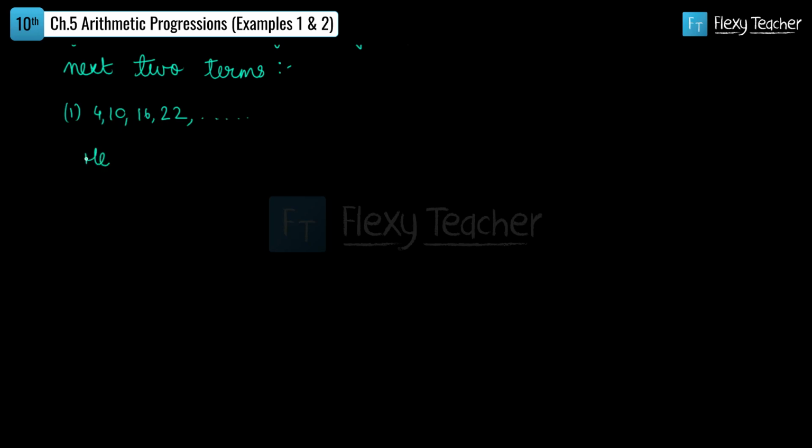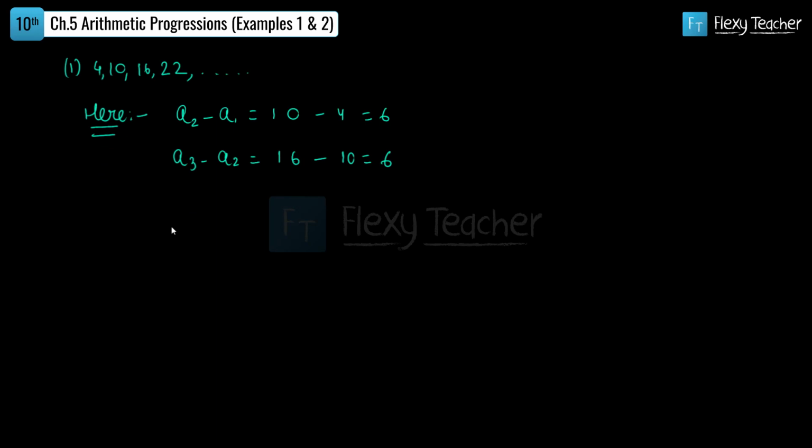So here, A2 minus A1 is equal to 10 minus 4, which is equal to 6. Now I take A3 minus A2. A3 is 16 minus A2, which is 10, equal to 6 again. Now let me take A4 minus A3.